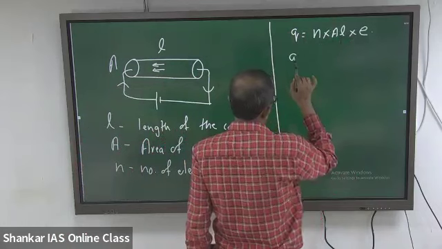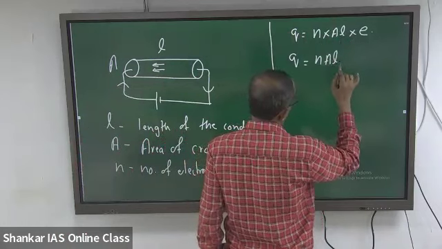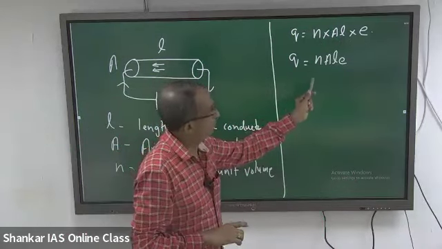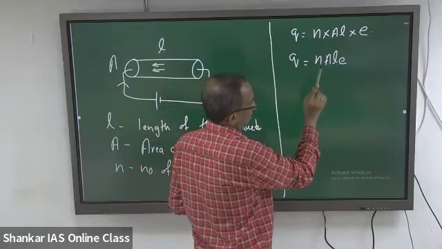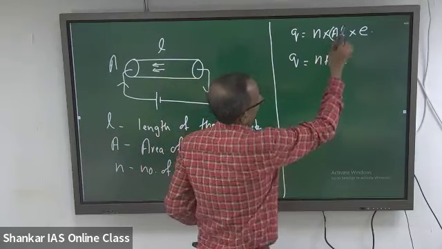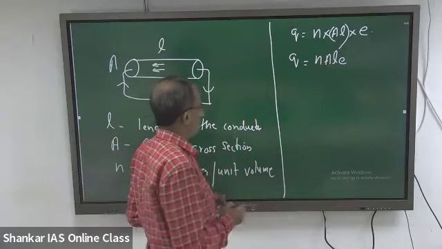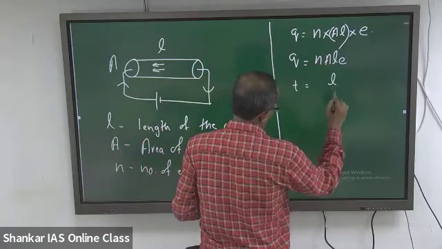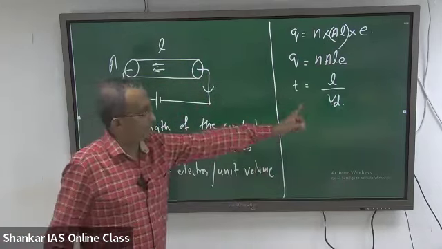So Q equals nALe. Here n is the number of electrons per unit volume, A is the area of cross section, L is the length, e is the charge of the electron, and AL represents the volume of the conductor. Now the time taken, t equals length divided by drift velocity.